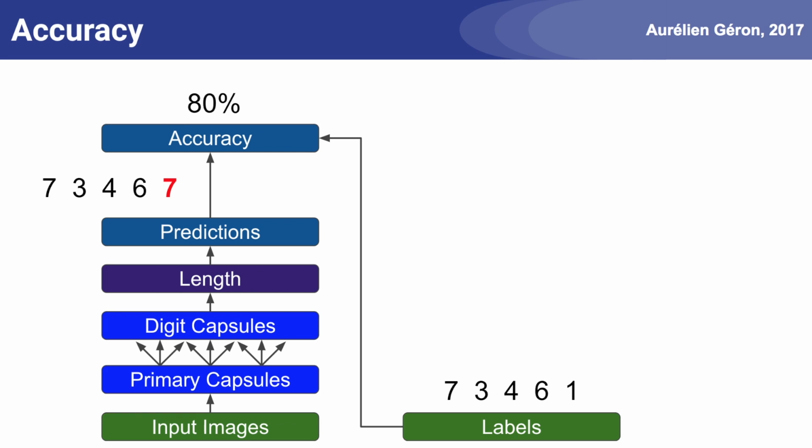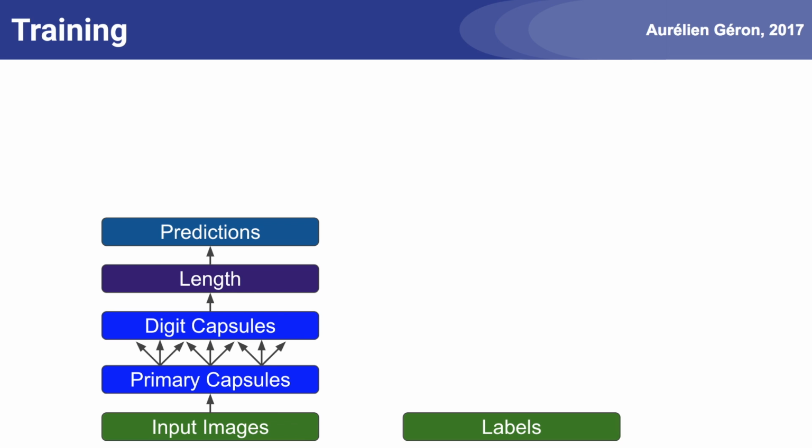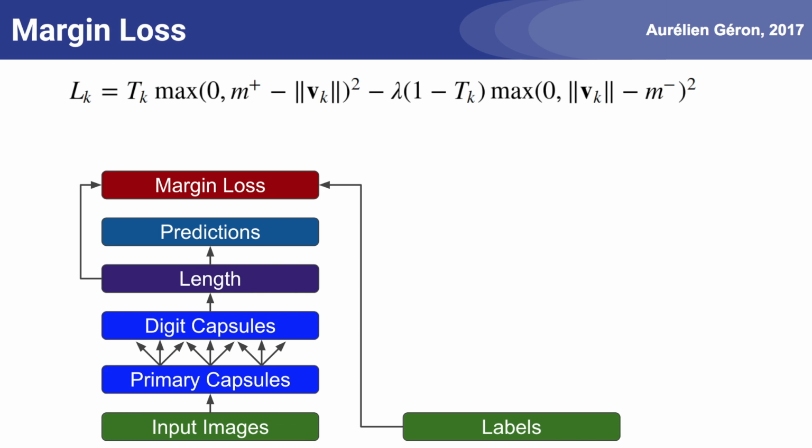Now let's look at the training code. This diagram is about to get pretty crowded, so I'll remove the accuracy for clarity. And now first, we want to compute the margin loss. It's given by this equation. By the way, I made a mistake in my first video. I squared the norms instead of squaring the max operations. Sorry about that. This here is the correct equation. Computing it is pretty straightforward, so I won't go through it in details.